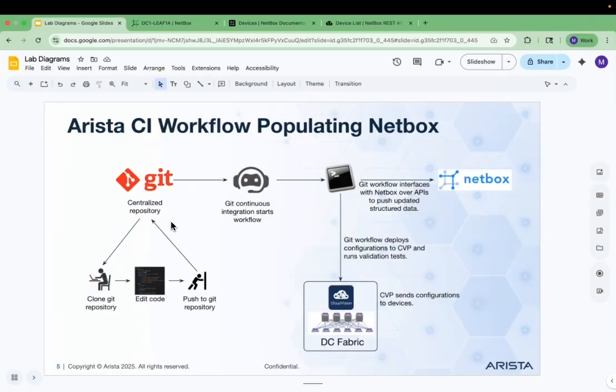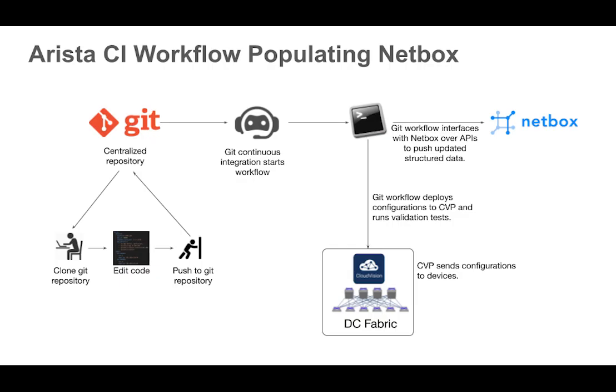And that would be in GitHub, a CI workflow, which would be using a runner and actions to do something for us. In this case, it would be pushing out configs to our fabric, but then also updating Netbox through a script like we just looked at. And we could do that network wide.